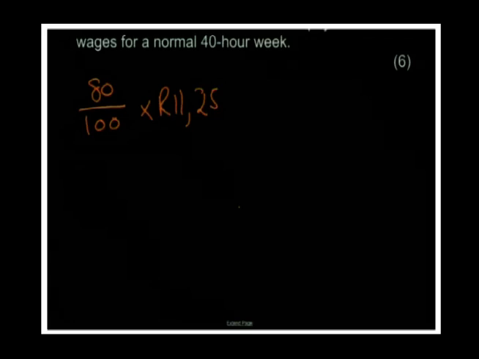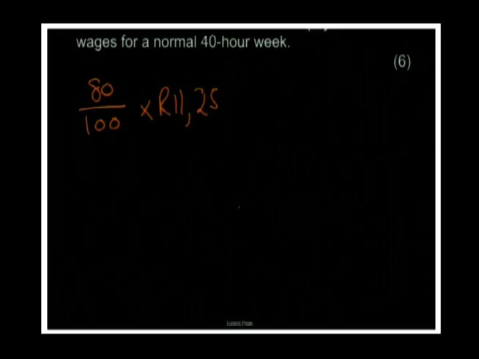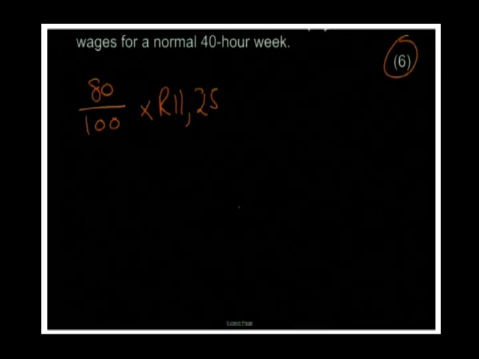Now guys, you all know how to do that. You all know that 80 over 100 times 11.25. You can all do that. And you know what? Just by me putting that down already, I've got a mark. Now please take note, this is for quite a few marks. It's for a total of 6 marks.